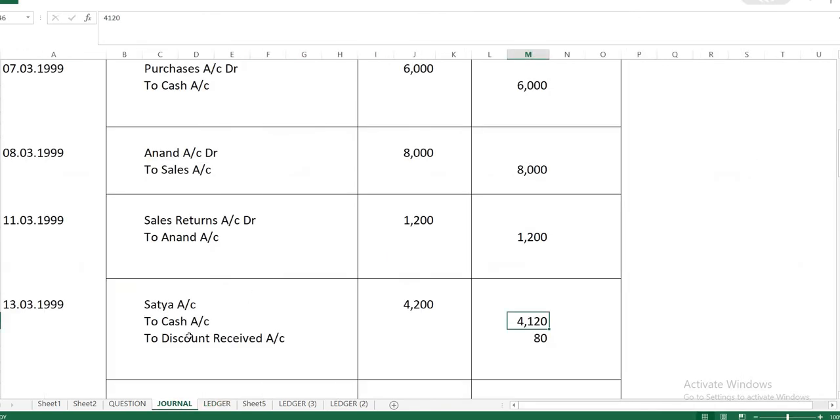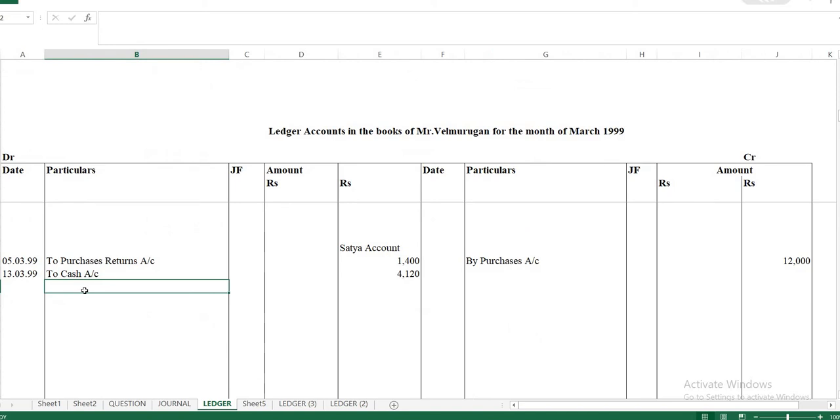And then to discount received account, that is rupees 80. So to discount received account, that 80 rupees you just show here.